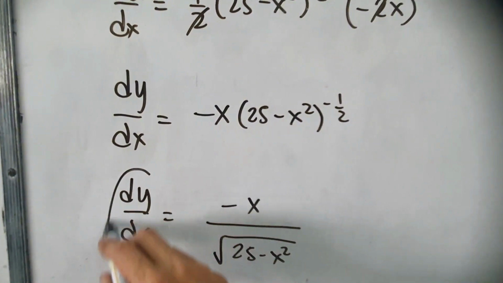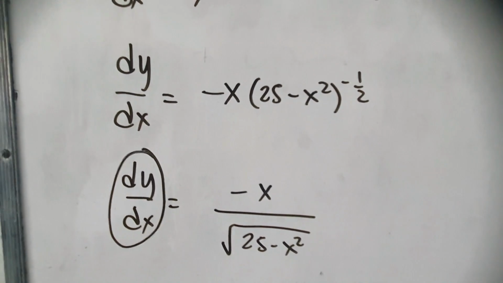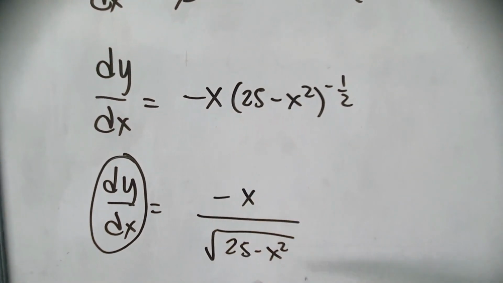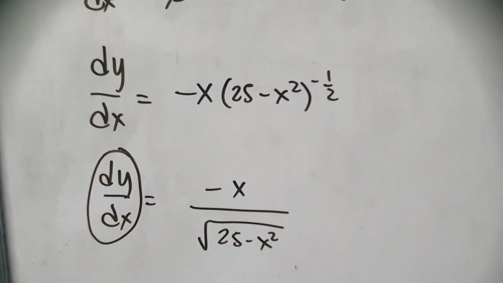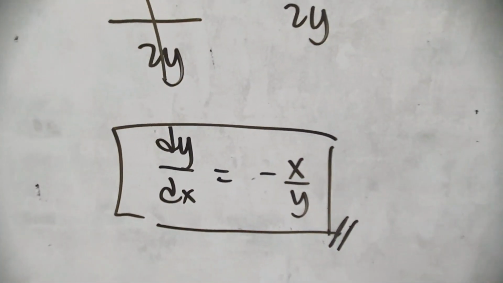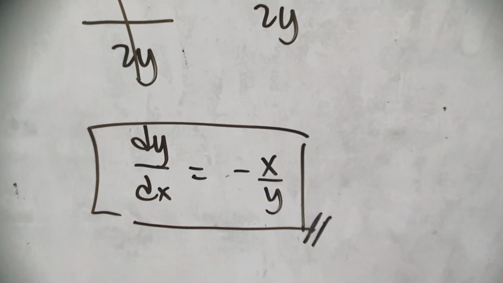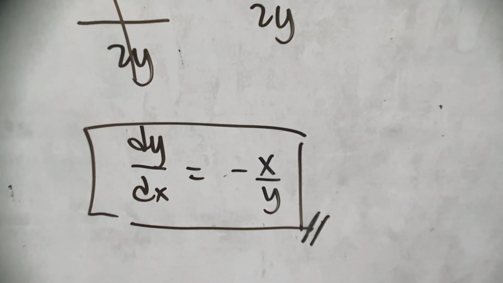So this is now the dy over dx. Clearly, it's different from here. This one is dy over dx equals negative x over y.